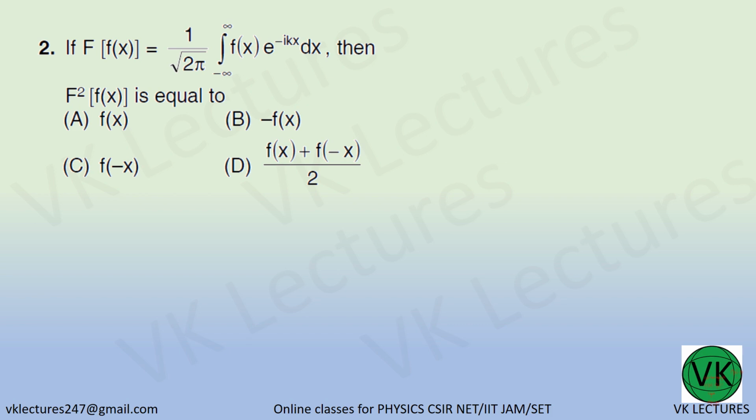F of x is equal to 1 by root of 2 pi integral from minus infinity to plus infinity f of x times e to the power minus ikx dx, then F square of f of x.